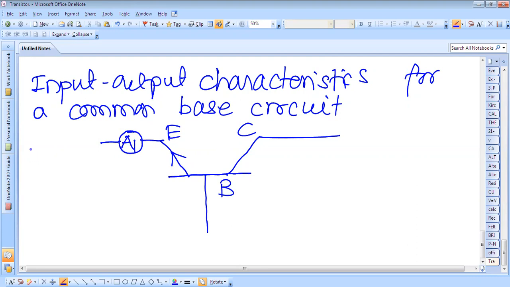And we have to connect the battery. So this is the battery, plus minus, as the current is flowing in this direction. So here it is the negative terminal like this.